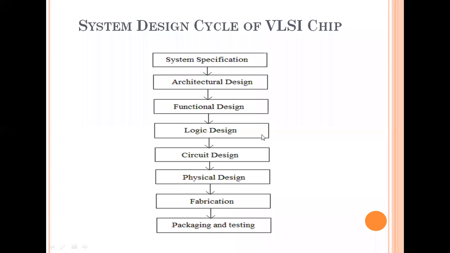The first step is the system specification. From our syllabus point of view, we know all the steps considered to manufacture the VLSI chip. Whenever we manufacture the chip, what steps are required, how we can verify these steps, and how we can fulfill the requirements or meet the challenges.